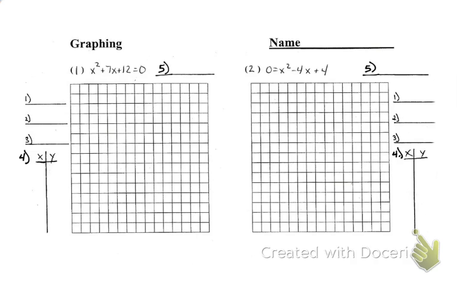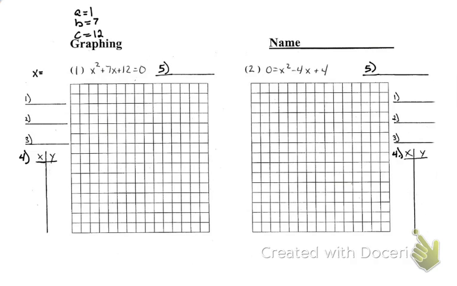Here's my problem. In number 1, here is my quadratic function, x squared plus 7x plus 12. Again, you might want to jot down that in this first problem, a is 1, b is 7, and c is 12, because you may need to use the quadratic formula, and you definitely have to use it for answer blank 1, the axis of symmetry.